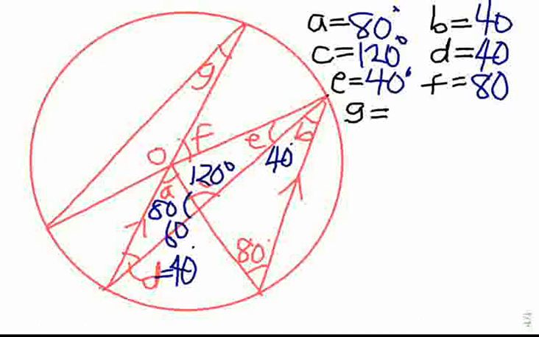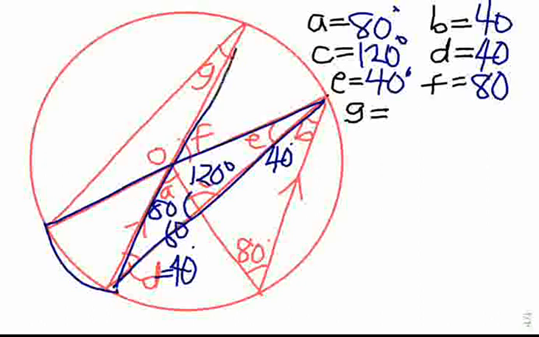Next, let's get the value for angle G. To get the value for angle G, can you see this arc? This arc subtends an angle E on the circumference. Angle E there is 40 degrees. The same arc subtends G on the circumference. Can you remember that angles in the same segment are equal?